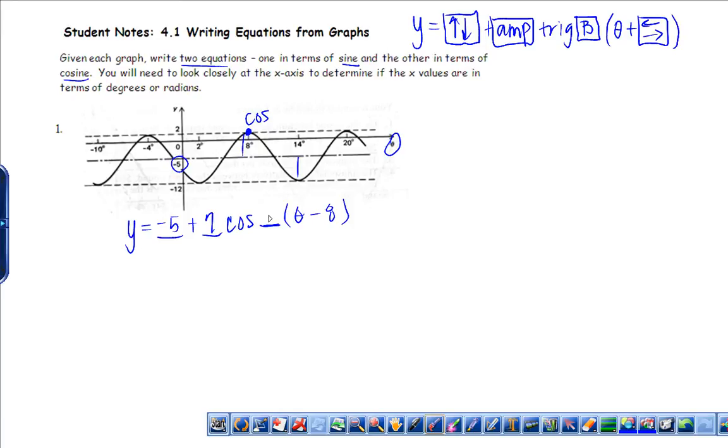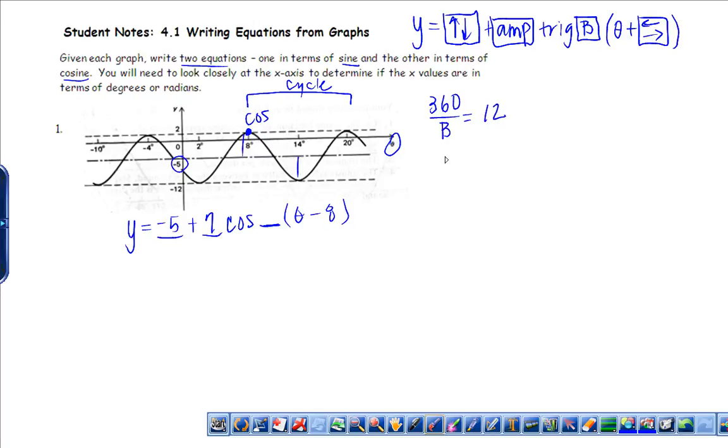Now in order to find b, remember you need to look at a full cycle. So from 8 to 12, this is a cycle. That is a distance of 12. Now remember, because this is theta, you usually take 360 divided by b, and that gives you your cycle, which is 12.